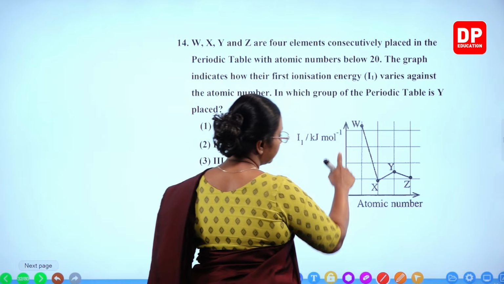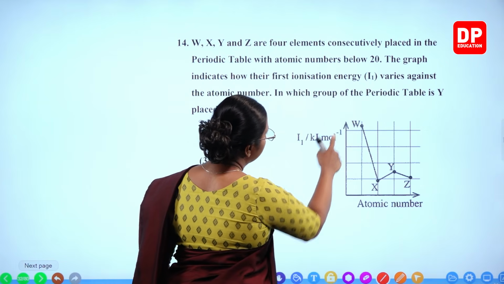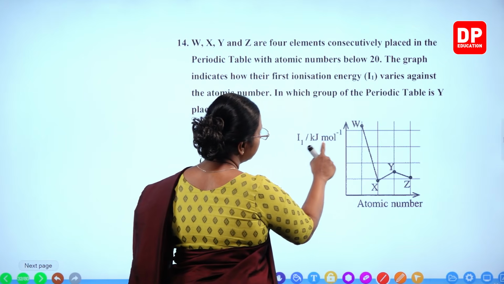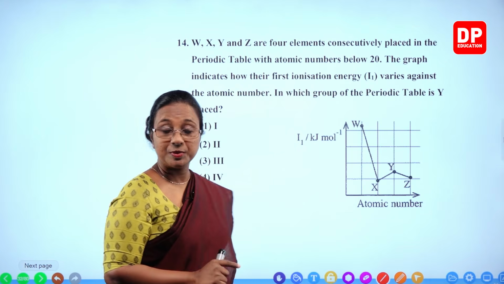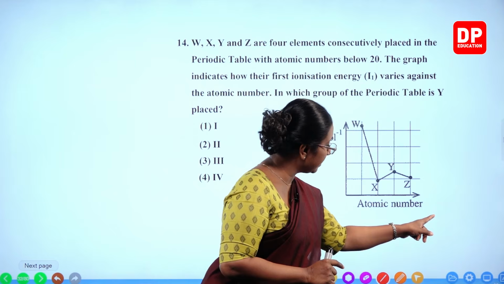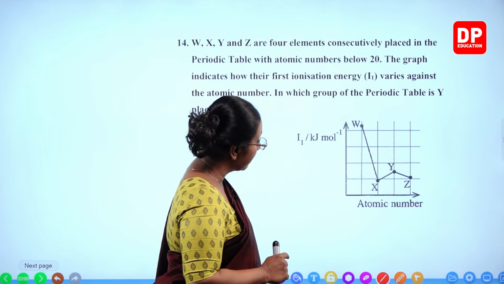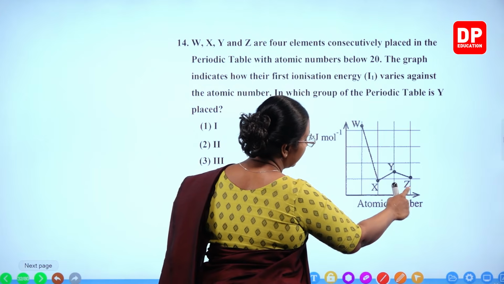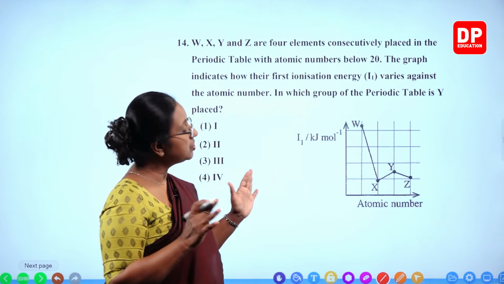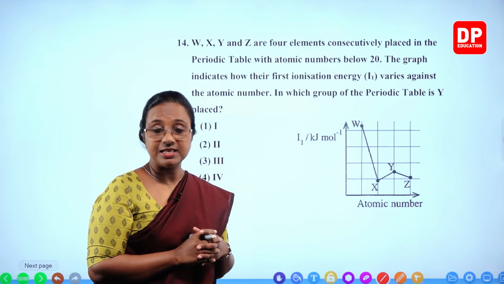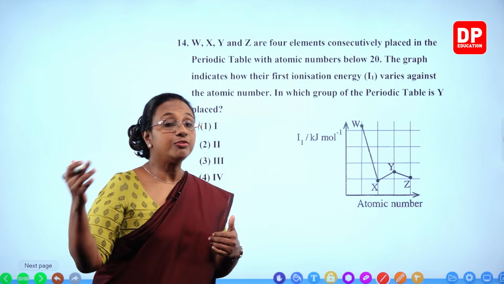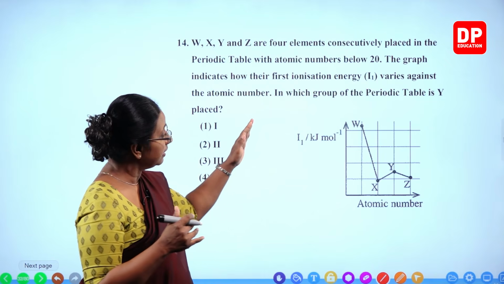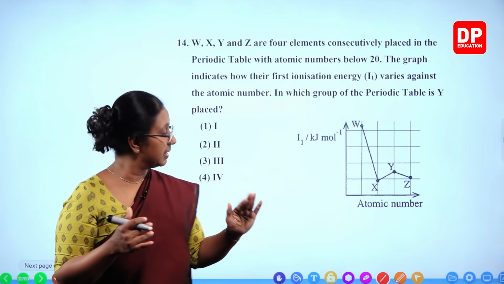So here you can see, students, the graph given to you. The y-axis, I1, is the first ionization energy. The unit is given as kilojoules per mole. And the x-axis is atomic number. There you can see W, X, Y and Z. As you look at the first ionization energy graph, you have to relate it to the graph that you have learned and identify the positions, the group numbers.